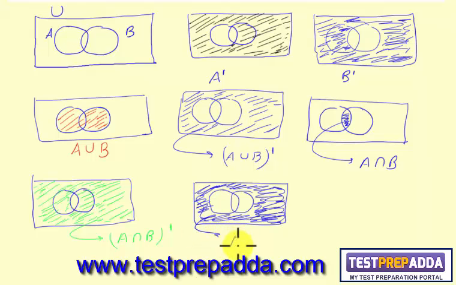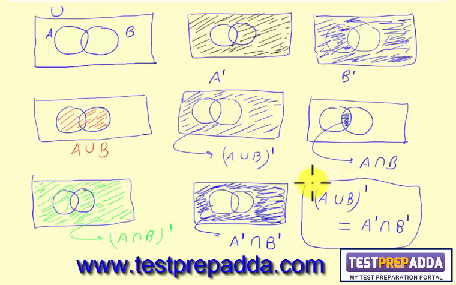This is A dash intersection B dash. Now you can see the complement of A union B and A dash intersection B dash are both the same. So I can write the complement of A union B is equal to A dash intersection B dash. A very important conclusion.